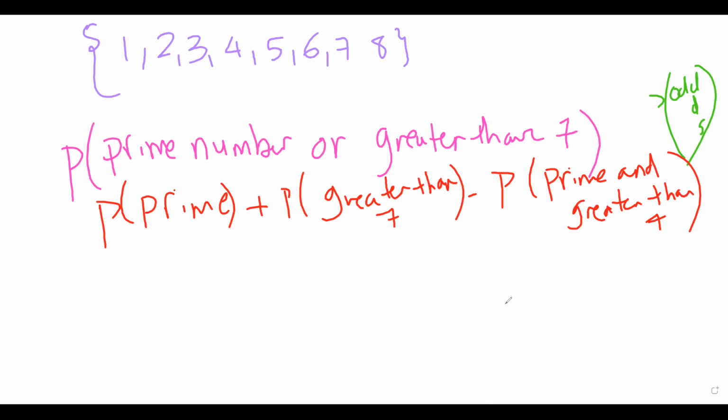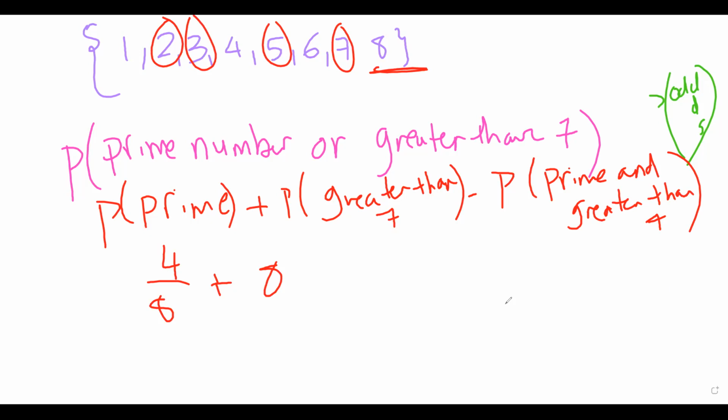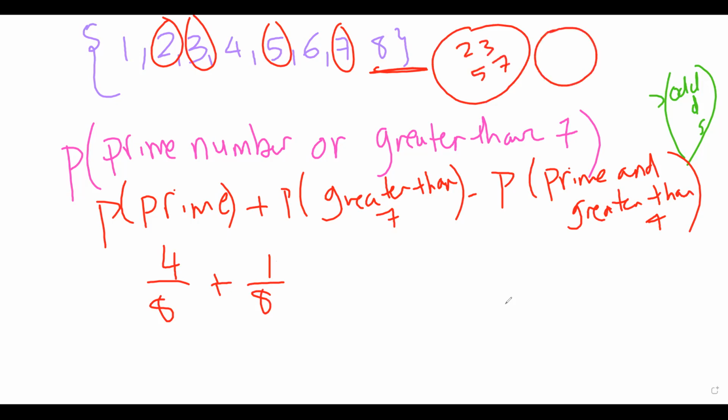Now, probability of prime. How many numbers are prime? We say 2, 3, 5, and 7. So we have 4 numbers that are prime. How many numbers are greater than 7? Only 8. Now, is there an outcome in common here?